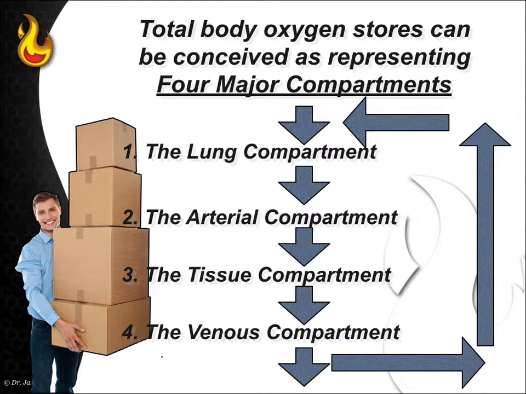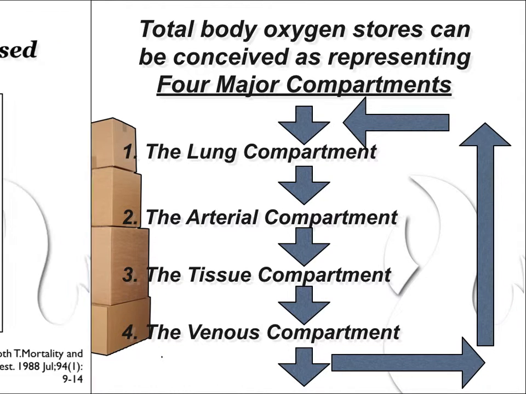Actually, most oxygen in the body is stored in the tissue compartment and in the venous compartment. So when you see a decrease in the arterial, the tissue and the venous have already been severely deprived of oxygen. So you're starting to see a real problem when pulse oximetry drops that low.